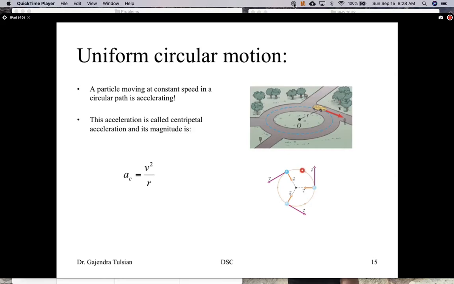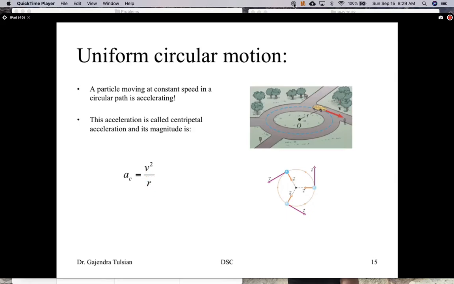When the object is here, the acceleration would be there. When it's here, there. It is always pointing toward the center. The magnitude of this acceleration, the length of this vector, is given by v squared, the speed of the object squared, divided by r.